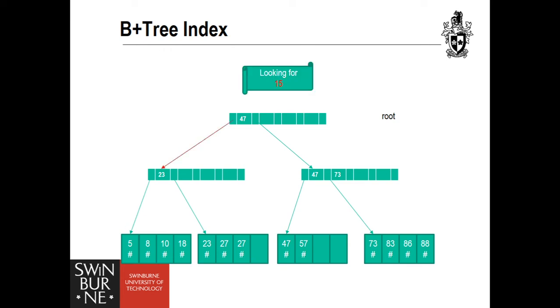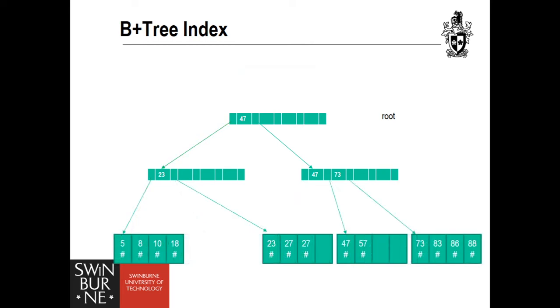For example, if you want to look for row 15, it will go to the 23, and then 5, 8, 10, 18. And then it will go under 3, and then finally get the 15.